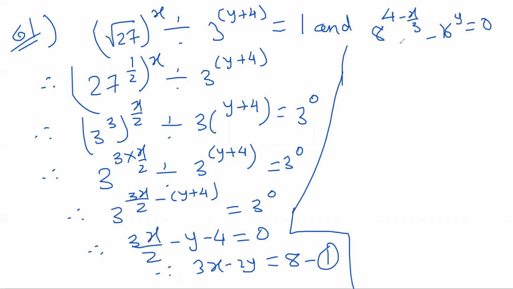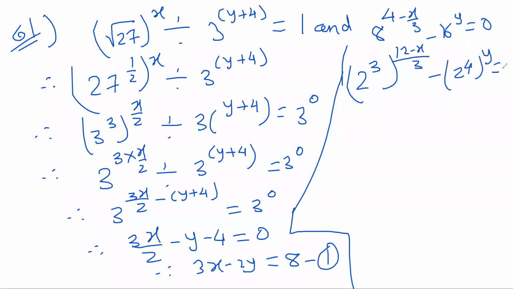Okay. What about this? How will you solve this? Tell me. How will you solve this? Can I write this as 2 raised to 3? Yes, and 2 raised to 12 minus x upon 3 cross multiply minus 2 raised to 4 raised to y.